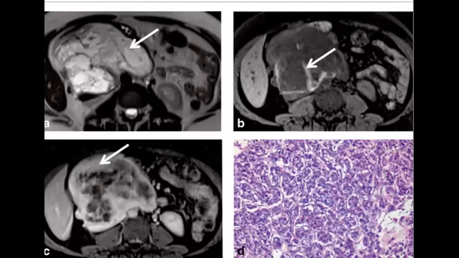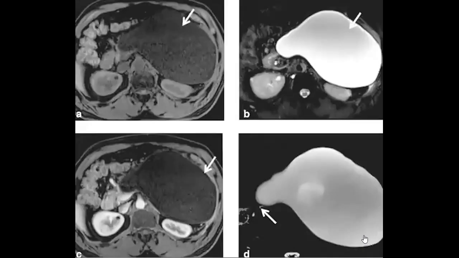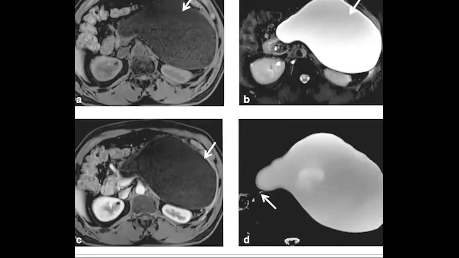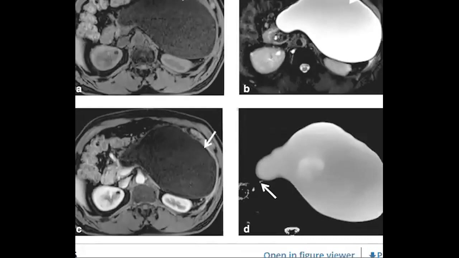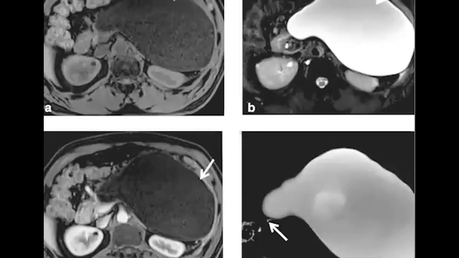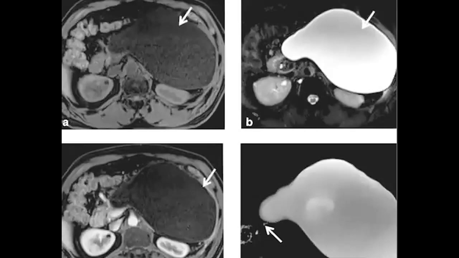So the mesenteric pathology, multiple cases. Let's go to the cystic now. Cystic lesion. Very hyper intense in T2, as you see here.